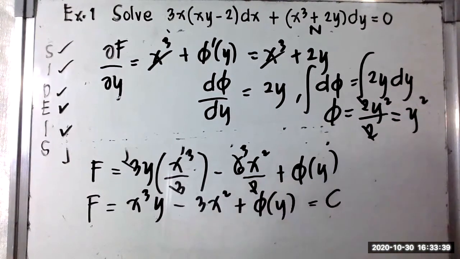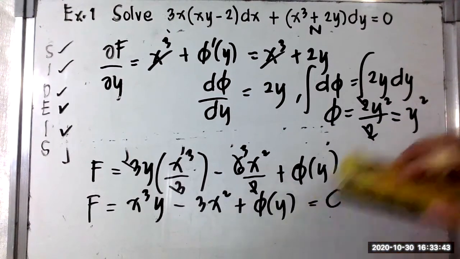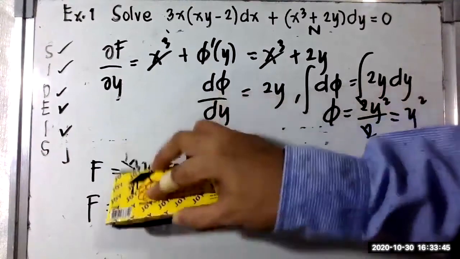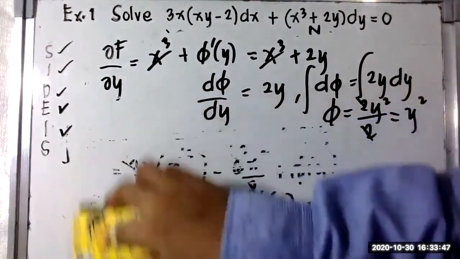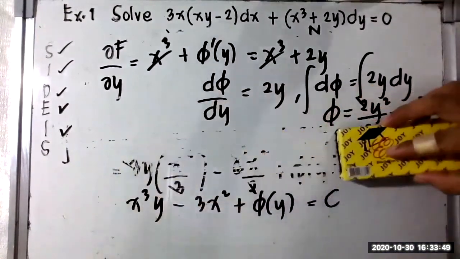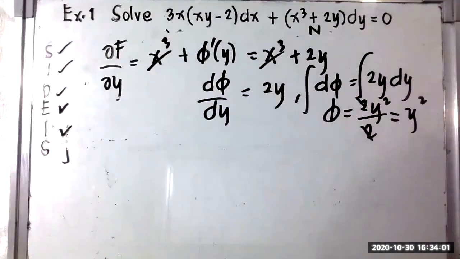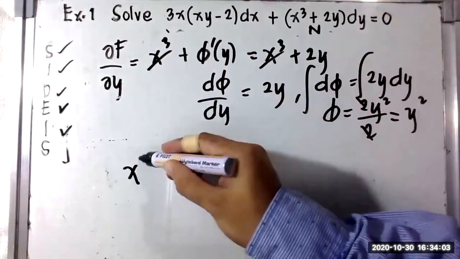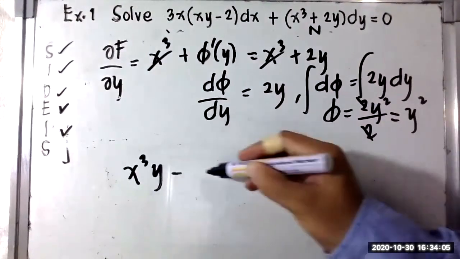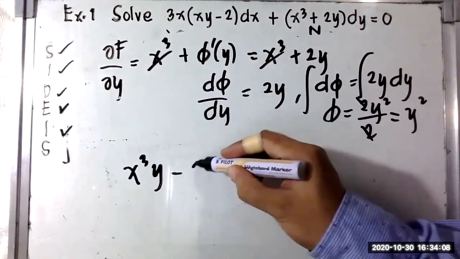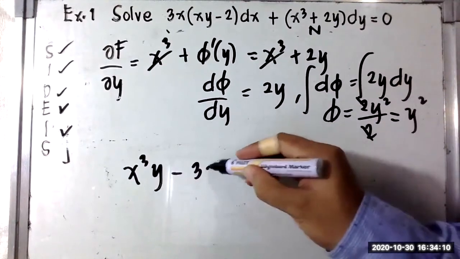Now for our solution, since we already determined the value of phi, which is y squared, the solution to our differential equation is this one: x cubed y minus 3x squared.